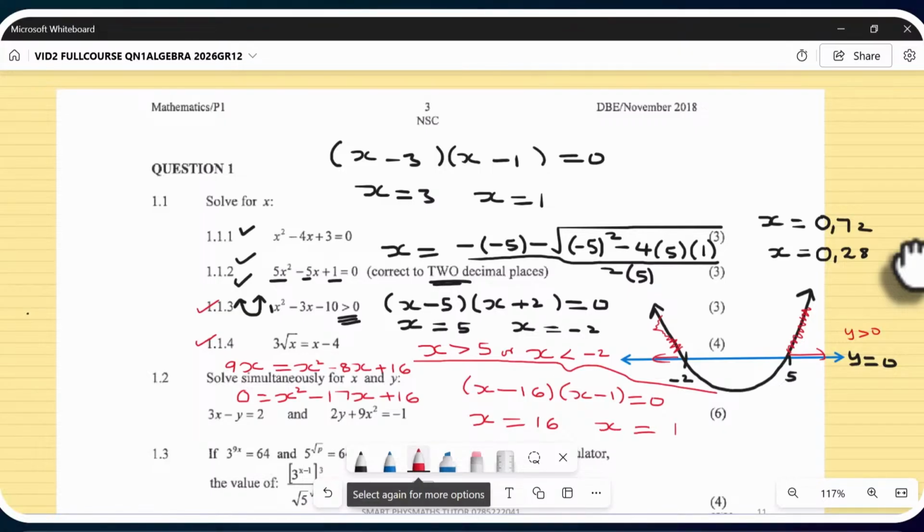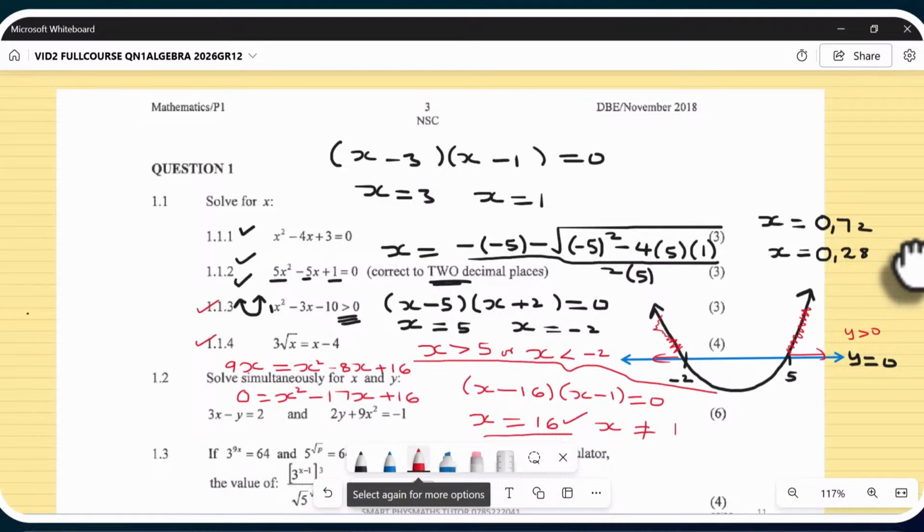Okay. That is simultaneous equations, question 1.2. What did we say? We said identify the linear equation.